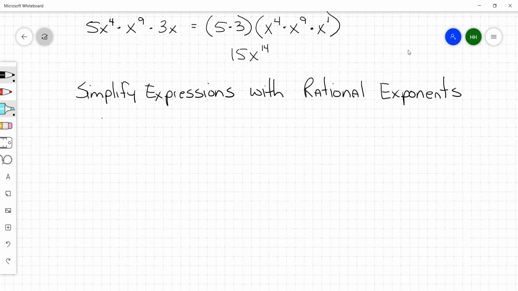So we're going to say this right here. We're going to say that if a is raised to the b over c power, what that means is that's your a under the radical to the b power.